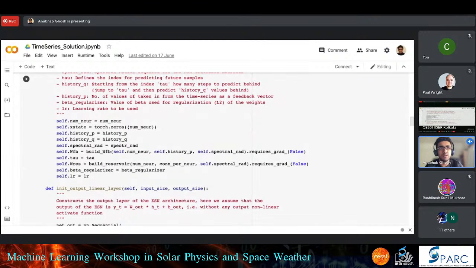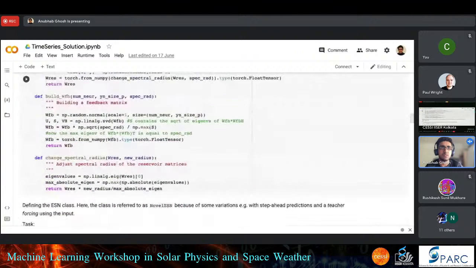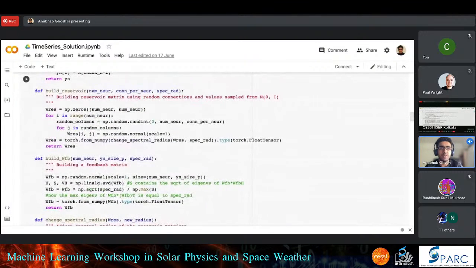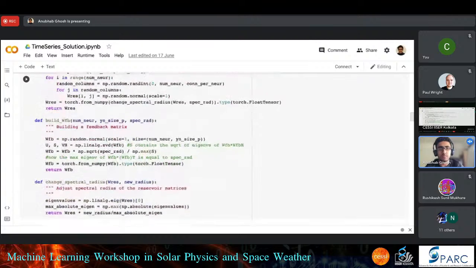Note that both have been defined using these functions, build feedback matrix and build reservoir matrix, which are here. And both of the matrices are actually random normal matrices, which means that these matrices basically contain independent and identically distributed random variables.